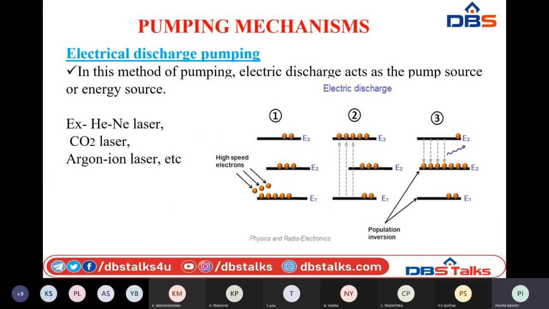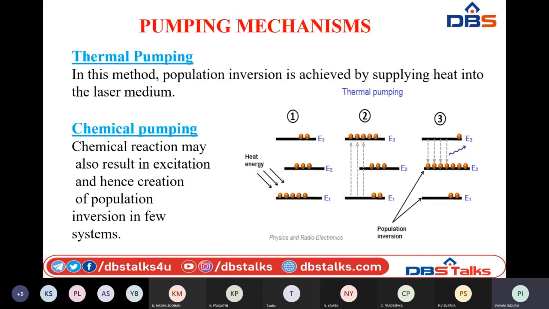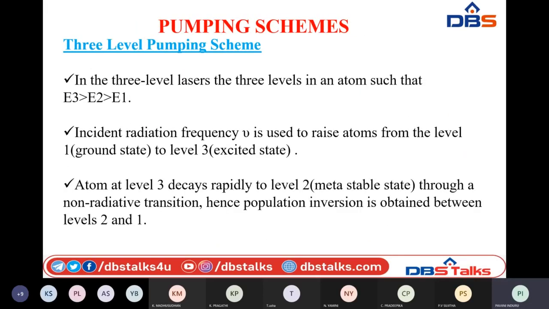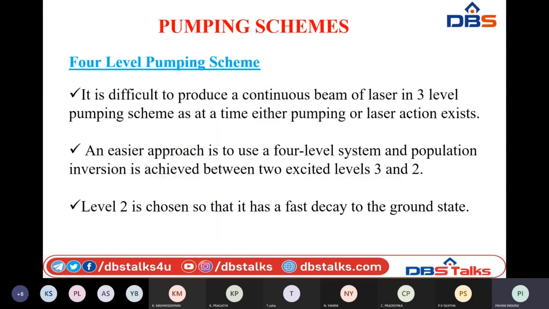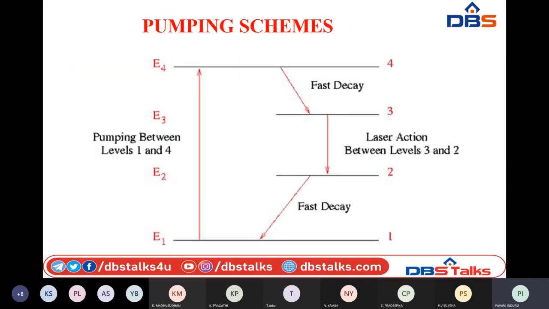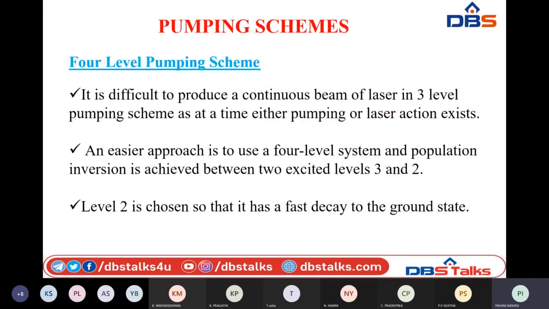That means we are going to delay the atoms present in the upper energy states, making them wait for some amount of time in the lower energy states, that is, in the metastable states. So you can see the concept of the 4-level pumping scheme here.